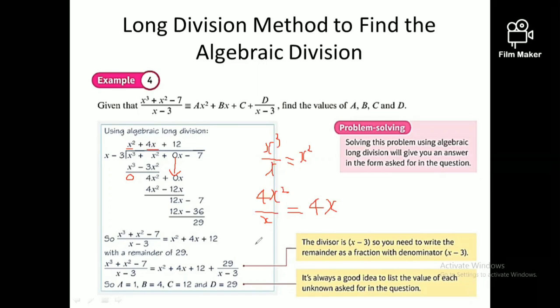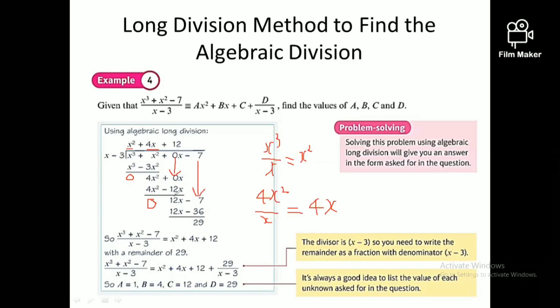Then multiply this entire expression, x minus 3, by 4x. 4x into x is 4x squared. 4x into minus 3 is minus 12x. Then subtract. 4x squared minus 4x squared is 0, obviously. 0 minus minus 12x is plus 12x. Then take this term down, minus 7.